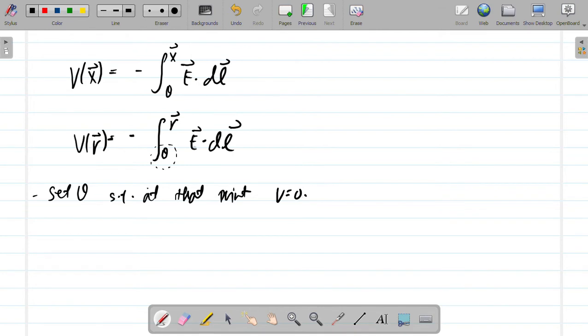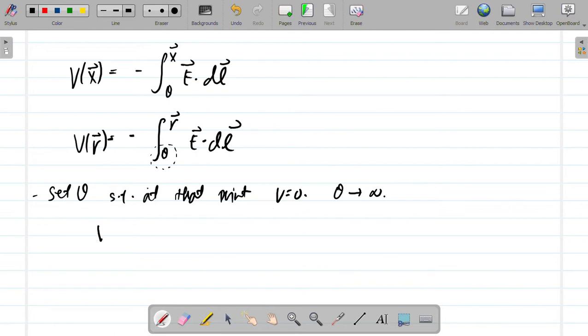So, anong point to? Di ba kung isipin nyo, at infinity, nawawala yung potential ng isang, kunwari, point source. At infinity, nagiging zero yung potential nun. So, in this case, yung O natin, let's set it to infinity.